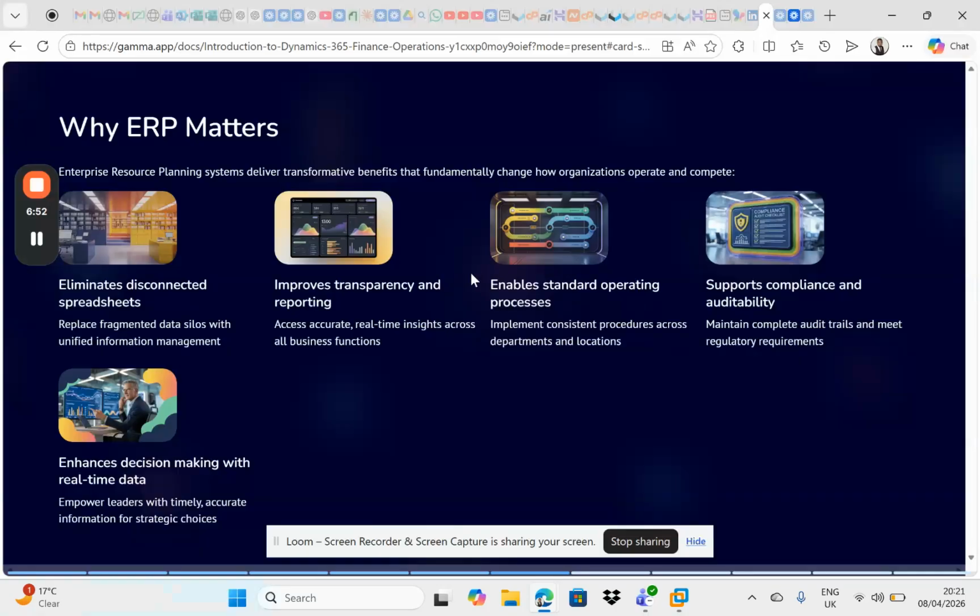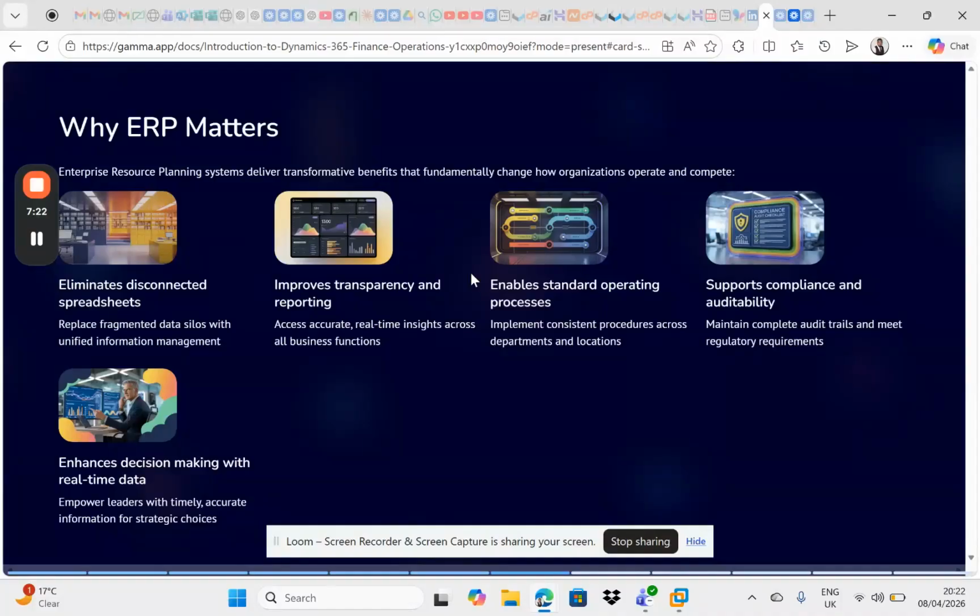ERP comes to eliminate these disconnected spreadsheets and replace this fragmented data, unifying everything in one place. It also improves transparency in reporting. Like I mentioned, there are seamless reports across the various departments, so access to accurate information is very easy.